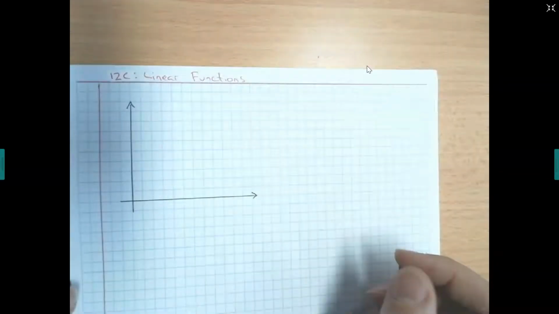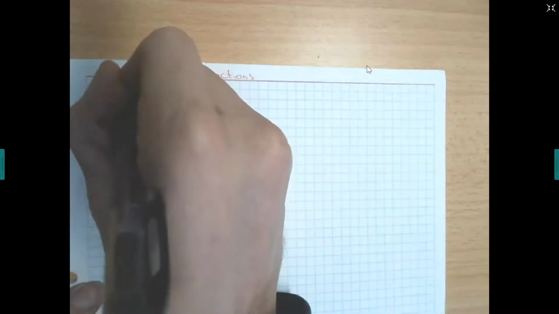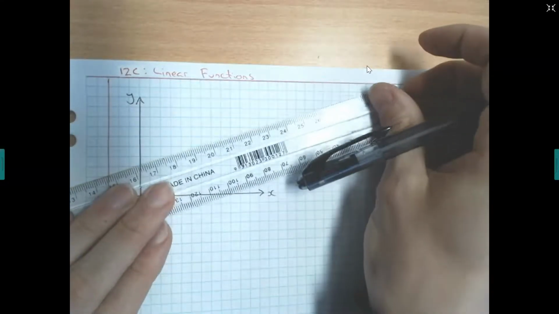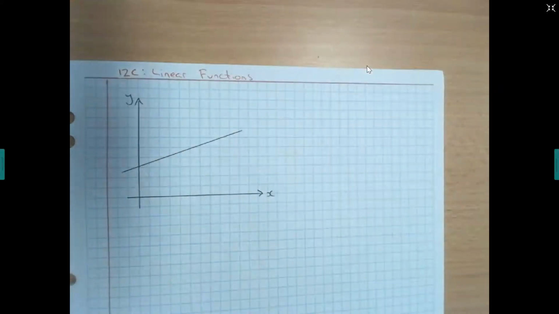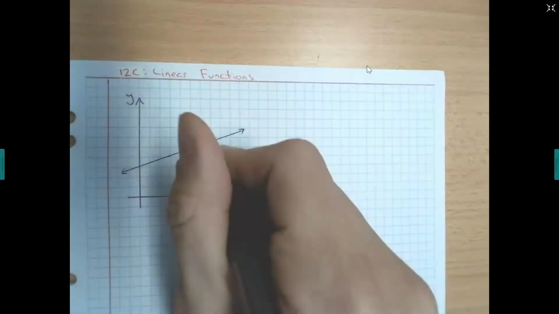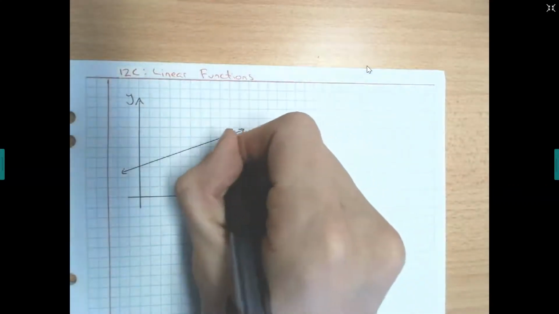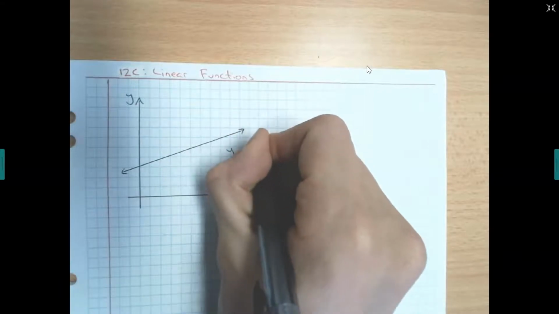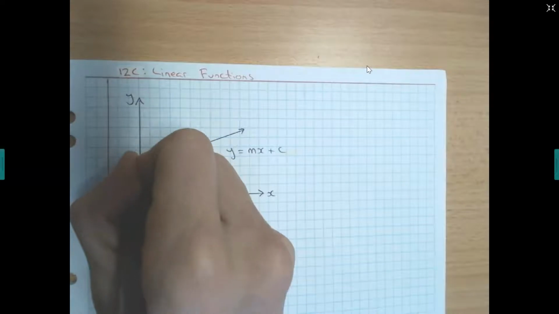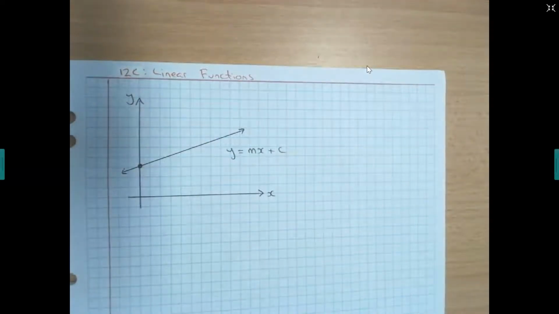If we have some Cartesian plane, remember to always label your axes y and x, and I've got some line that passes through it. Then this line, which is continuous, can be described by y equals mx plus c, where c is that y-intercept, so the position where the graph intersects the y-axis.